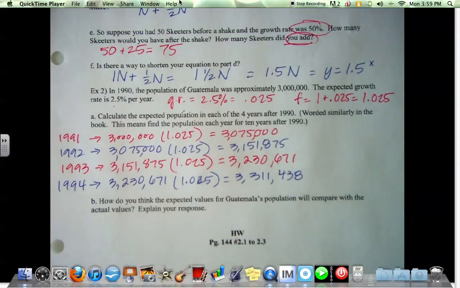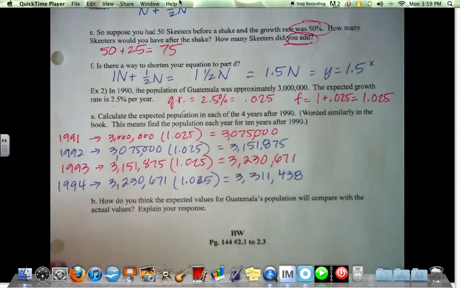How do you think the expected values for Guatemala's population will compare with the actual values? So we talked a few days ago about if we think the actual populations will be like our expected. We were looking at the speed of growth and we were looking at the population of the United States.